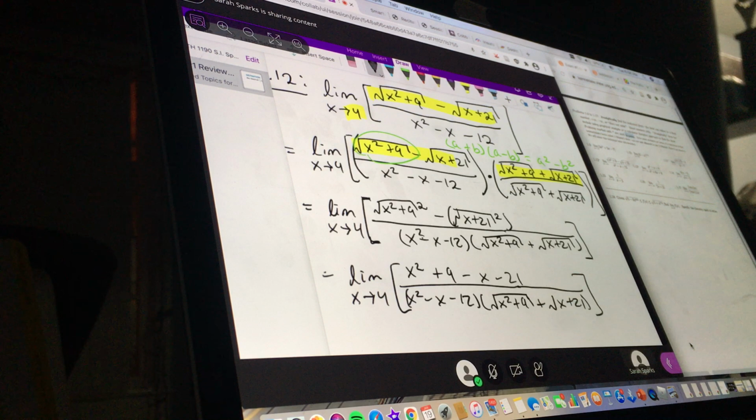Now, if we simplify that numerator, negative 21 plus 9 is equal to negative 12. So in this numerator, we really have x squared minus x minus 12.